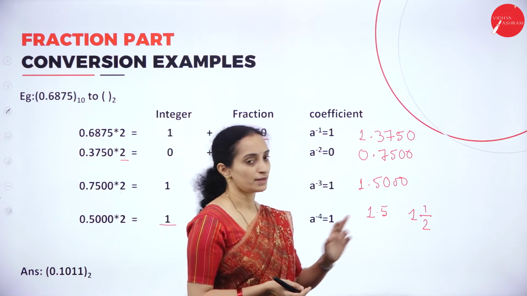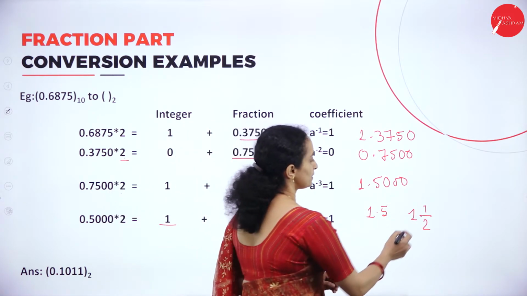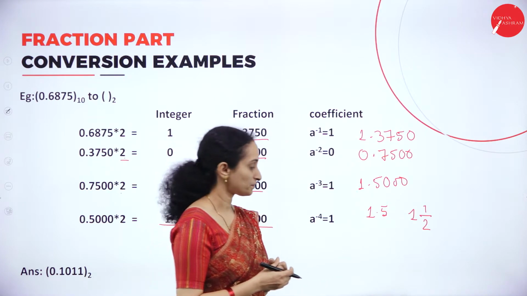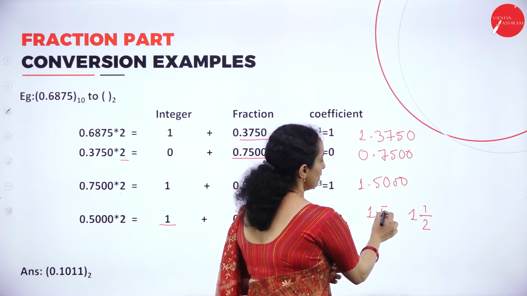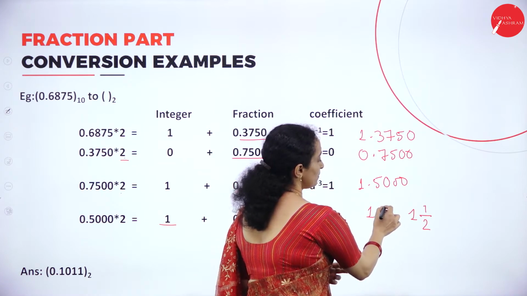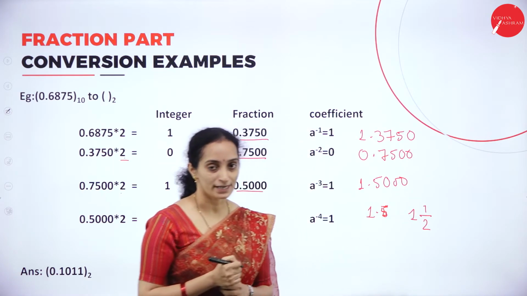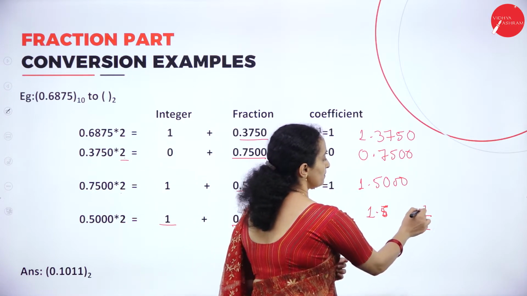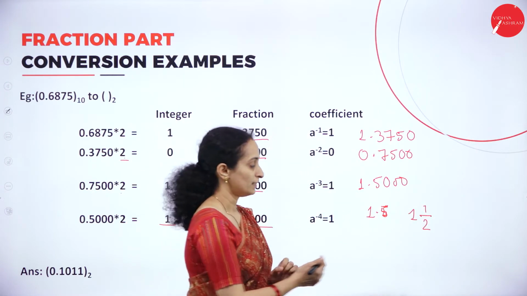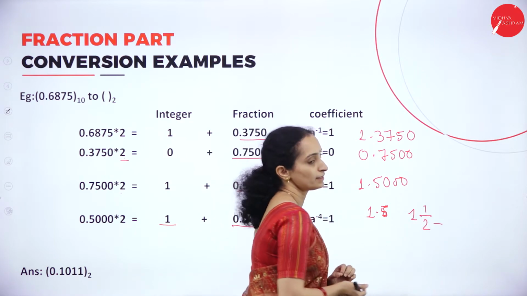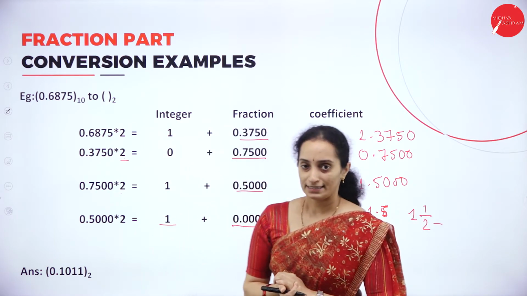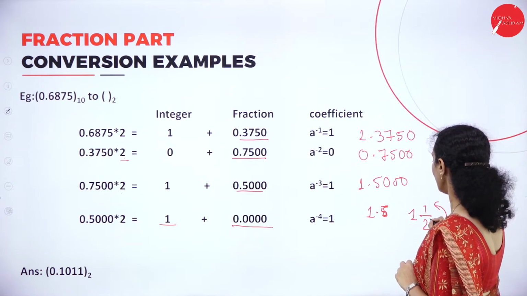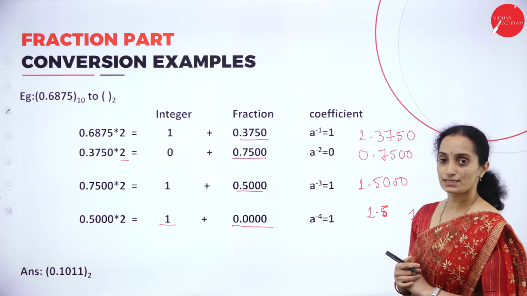Here, the 2 will be in the denominator. If you want to bring it to the numerator, this will be 2 to the power of 0.